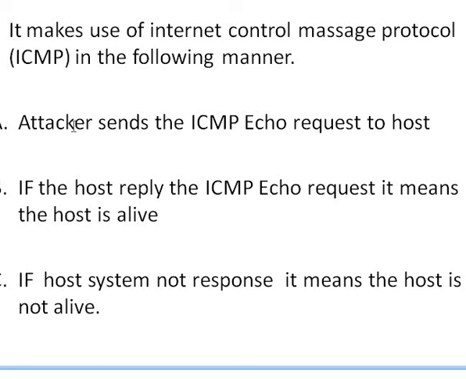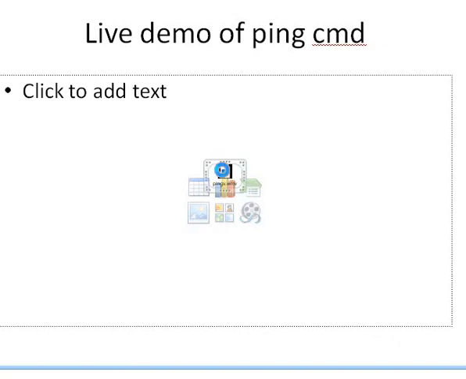So we will find that the system is presently available on the network. If the system is not sending any response, it means it is not a live system and we cannot communicate with it. So we will see a live demonstration of how it works.